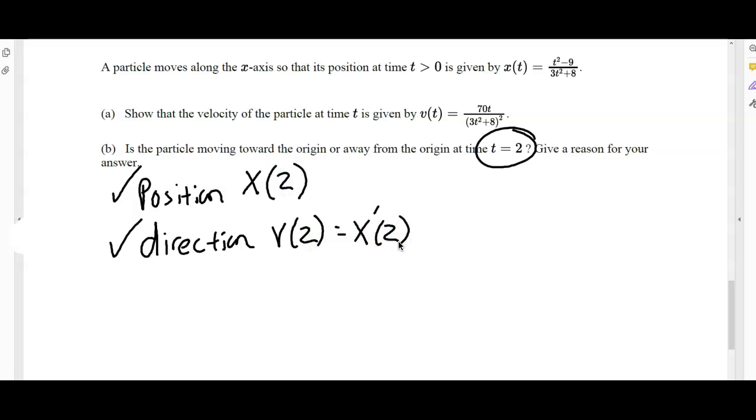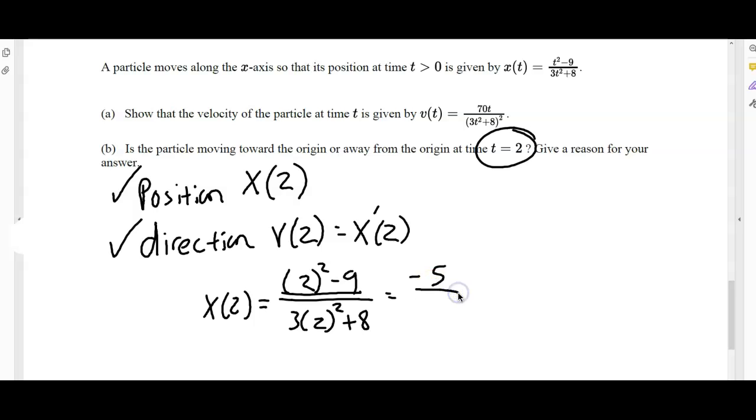Right? So let's get down to business. X of 2 is equal to 4 minus 9 is negative 5. 12 plus 8 is 20, which is negative 1/4. So my particle is located to the left of the origin.